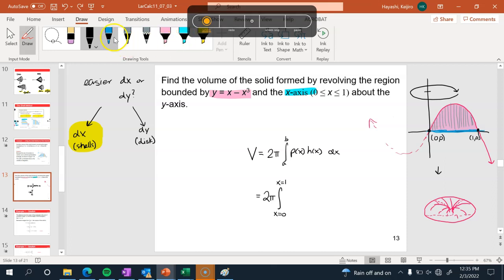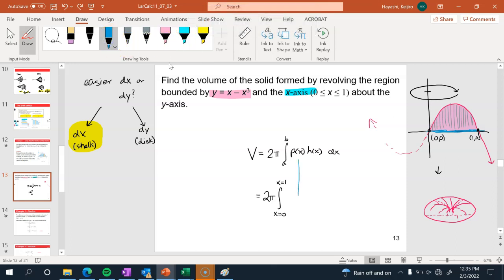So this is just x. Now the height of your shell is also pretty simple. It is just this function. It is this function x minus x cubed.